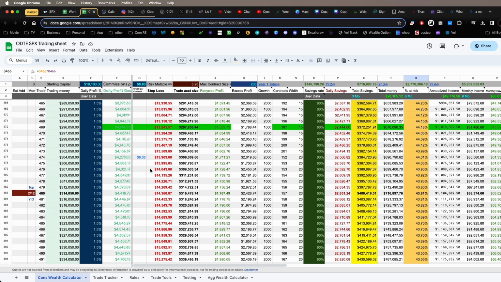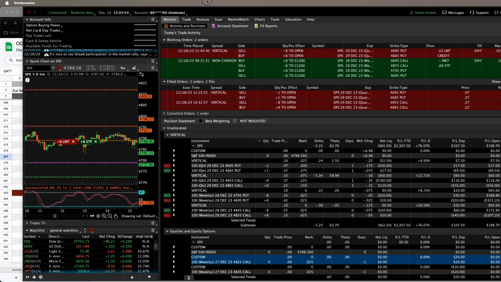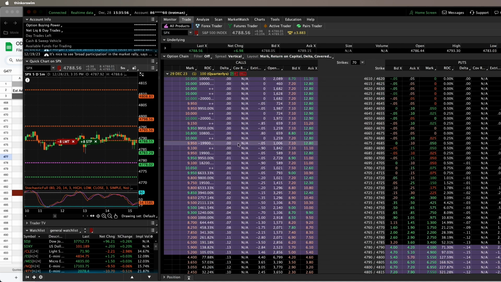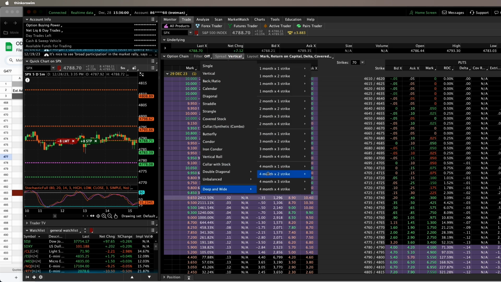So you can know, by this date, whatever this date is, okay, if I still want to make 1.5%, but I'm at a 20 wide spread, what number do I need to aim for? 30 cents. You can come over here to your software. You can go to your trades. You can do a 20 wide spread, which is 10, 15, 20.